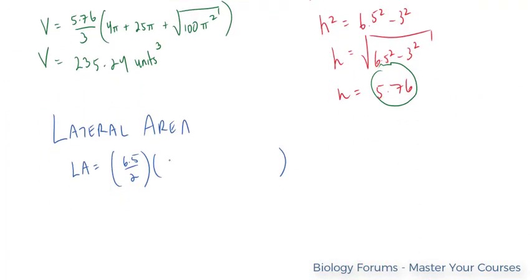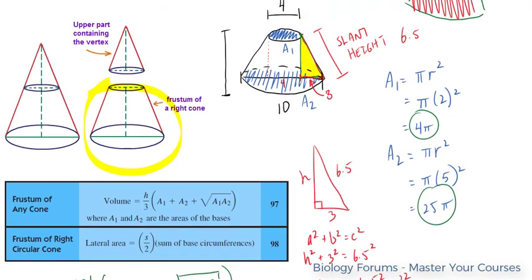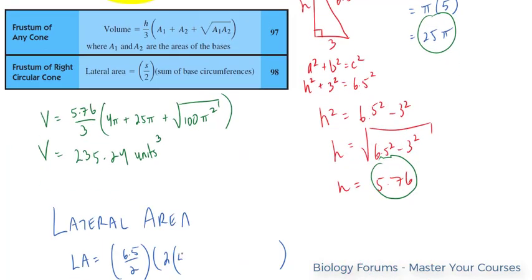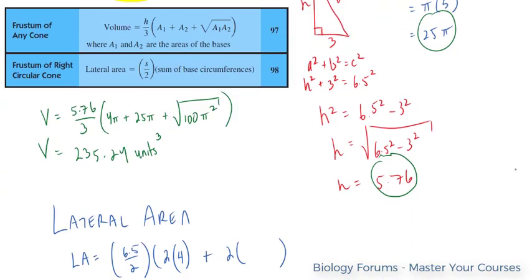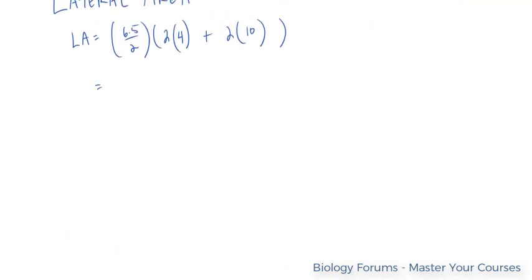Now, if you recall, the circumference formula is 2 pi r, or pi d, pi times the diameter. So we're going to find pi times the diameter of the first one, which was given to us, luckily, 4, plus pi times the diameter of the bottom, which was 10.